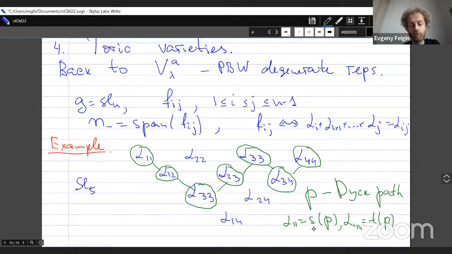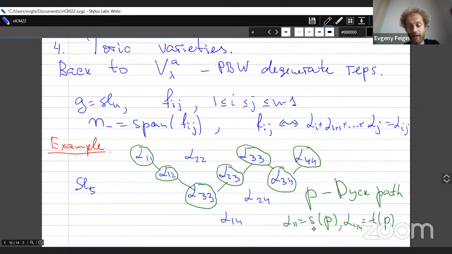And then we move either down right, or up right, moving this way. So we are getting a collection of roots. Here we have 7 roots, and this is a dig path.